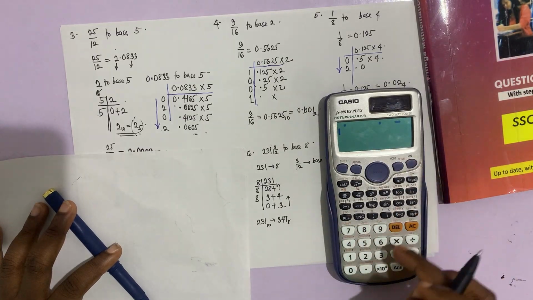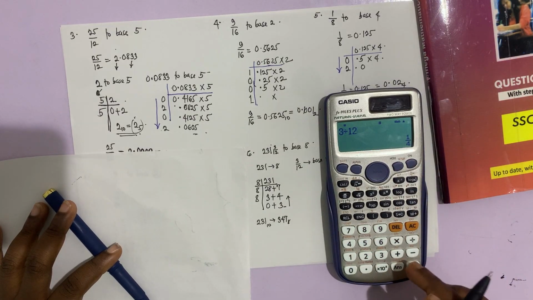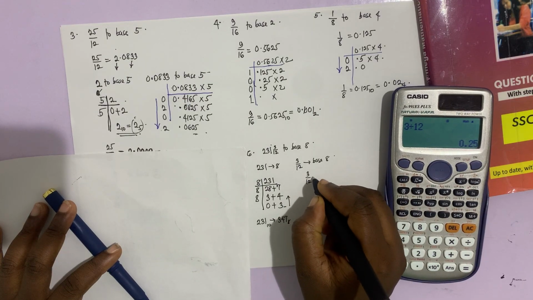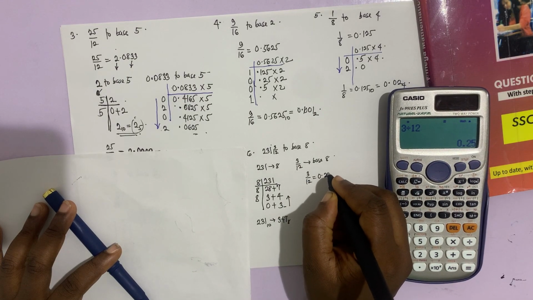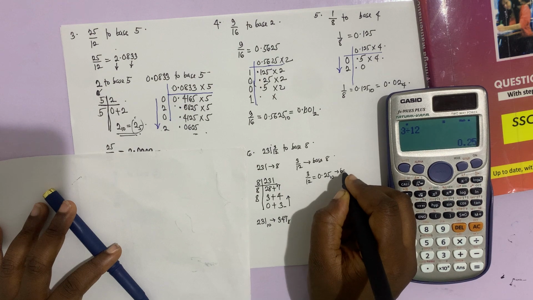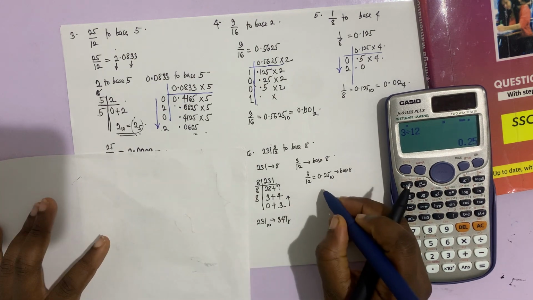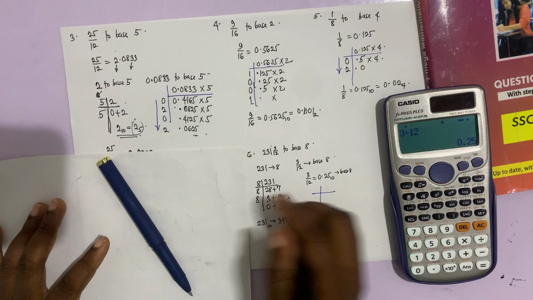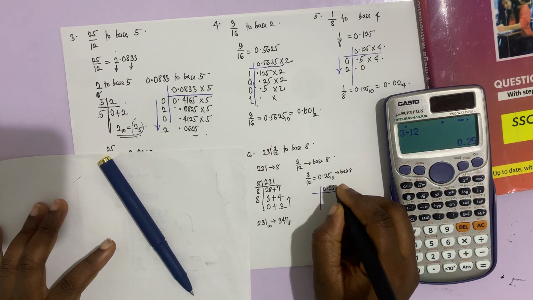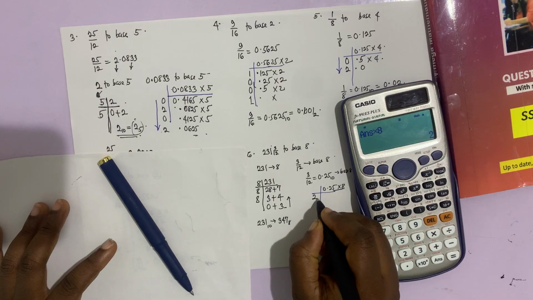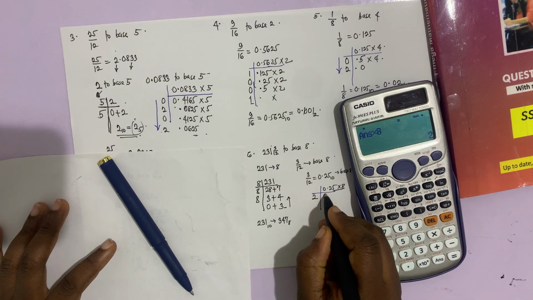And then the decimal part, 3/12. So 3 divided by 12 is 0.25. 0.25 base 10. So to convert this to base 8, we multiply 0.25 times 8, which will give us 2.0.